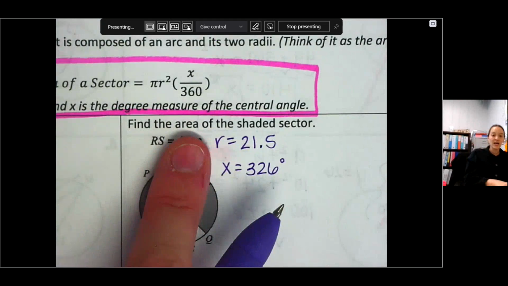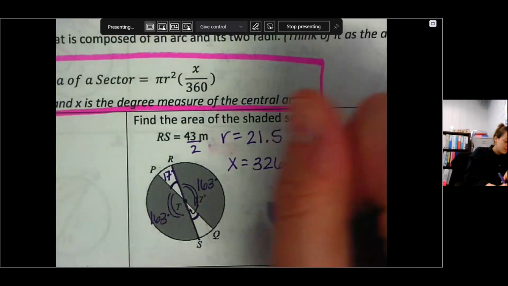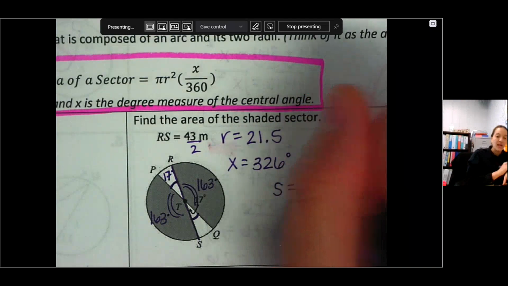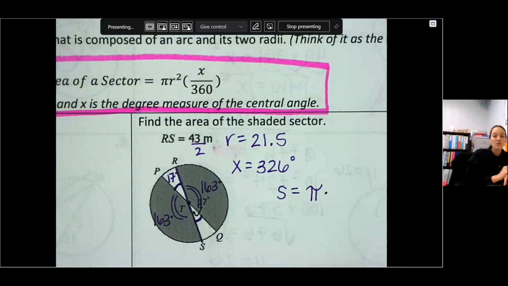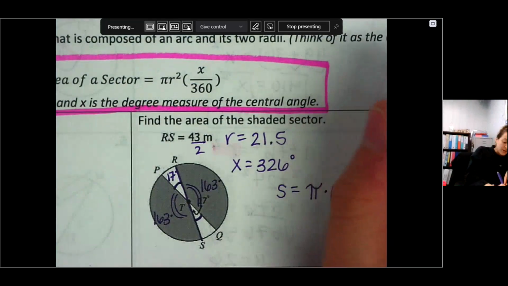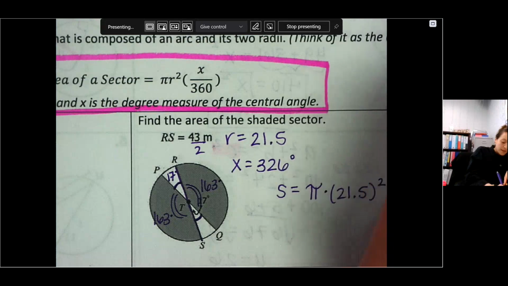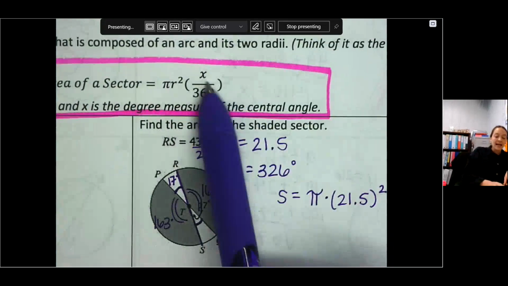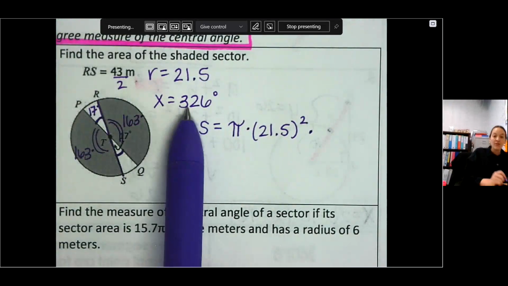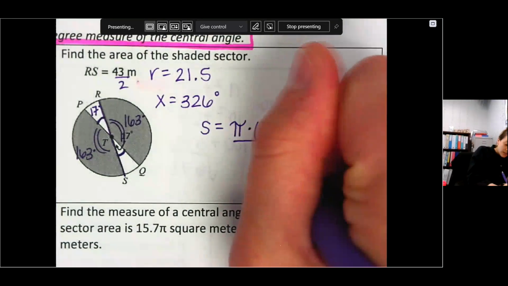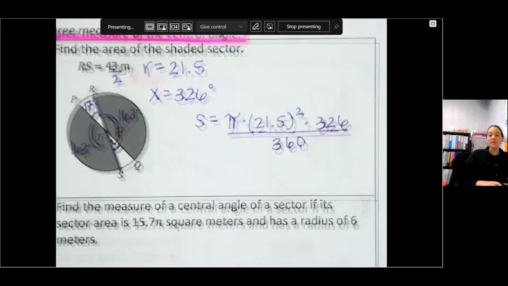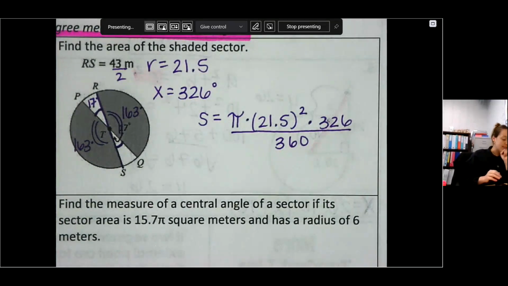So now all I have to do is take those numbers and plug them into the equation. To find the area of the sector, and we usually just use S for sector, we do pi times radius squared, so 21.5 squared, times my x value, which is my measure of my central angle, 326, all over 360. Okay, so take a second, multiply that, and let's leave it first as an exact number. You don't have to reduce it because it's going to be a crazy number.